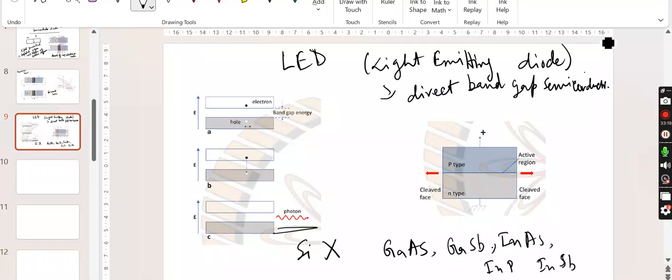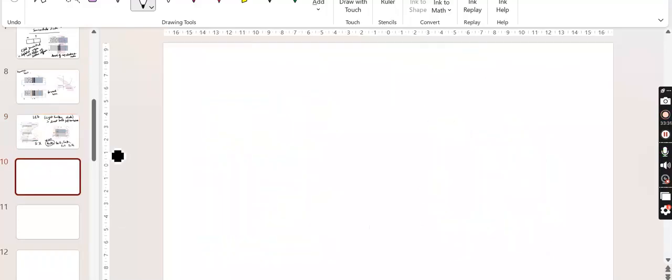Of these, gallium arsenide has the distinction of emerging as the very first light emitting diode. That was the first LED. So now we'll go to diode lasers.